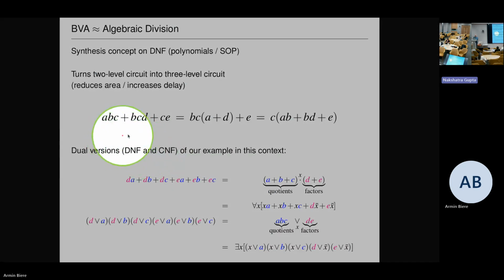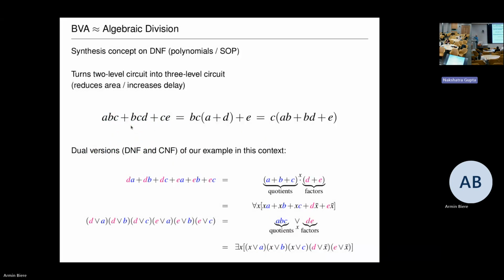This is what I'm actually teaching in the first semester. So this is a two-level circuit, and you try to minimize it. This is the task. And in the old days, in the 80s, they already had this concept, which they called algebraic division. And it actually does exactly what we want to do with BVA. So what we did with BVA actually has a predecessor, which is very similar.